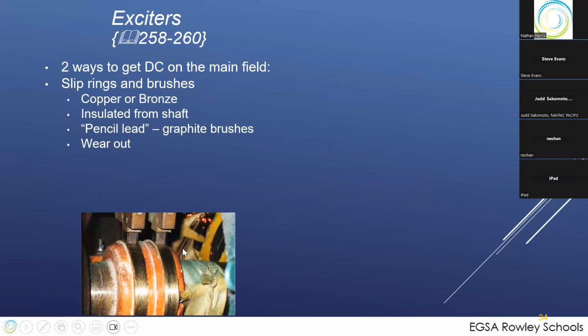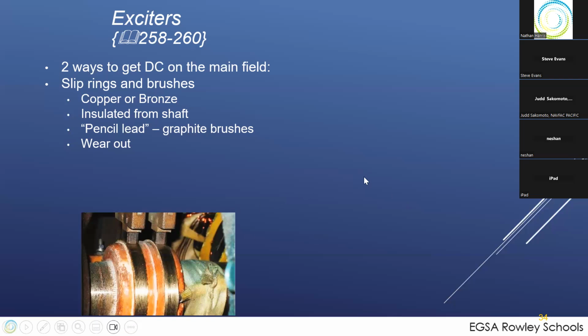There are pros and cons of these. The response time tends to be the biggest advantage, if you will, versus a PMG setup. But they do wear out over time. These are graphite brushes on a bronze slip ring, and they're susceptible to difficult environments like high humidity, salt, sand, which wear these brushes down even faster.